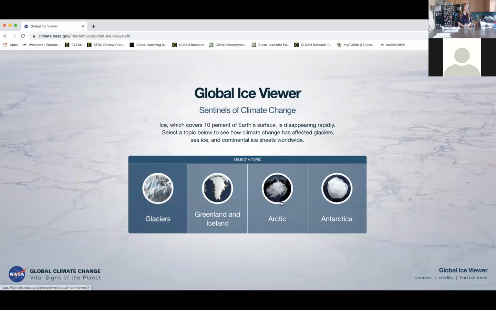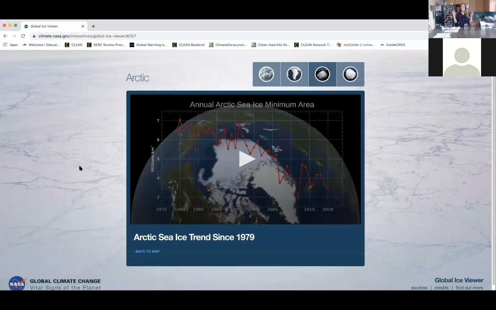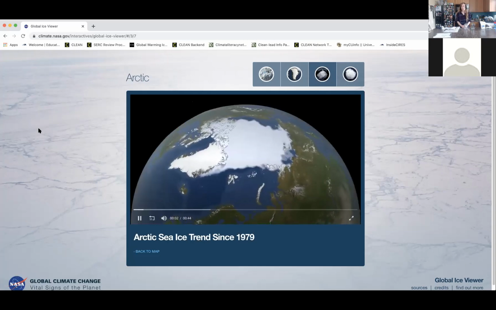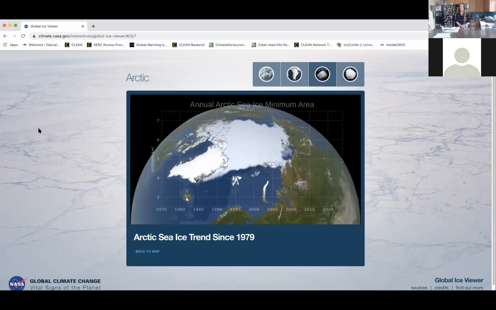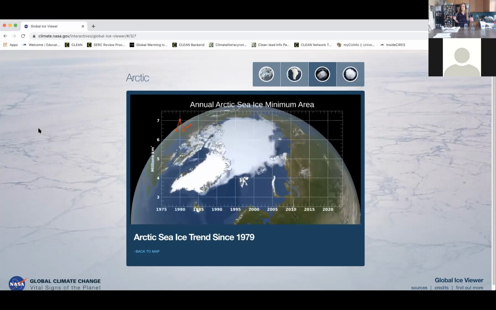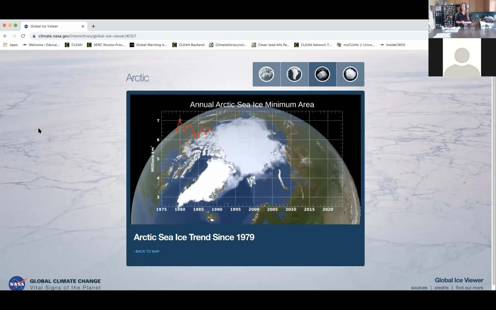If we go there, it'll show you the top of the Earth, looking at it like this with Greenland and the big part of sea ice. And if we press play, we can see how the sea ice extent, the area, has changed over time since 1979. So sea ice is ocean water that has frozen because it gets so cold up there in the Arctic.